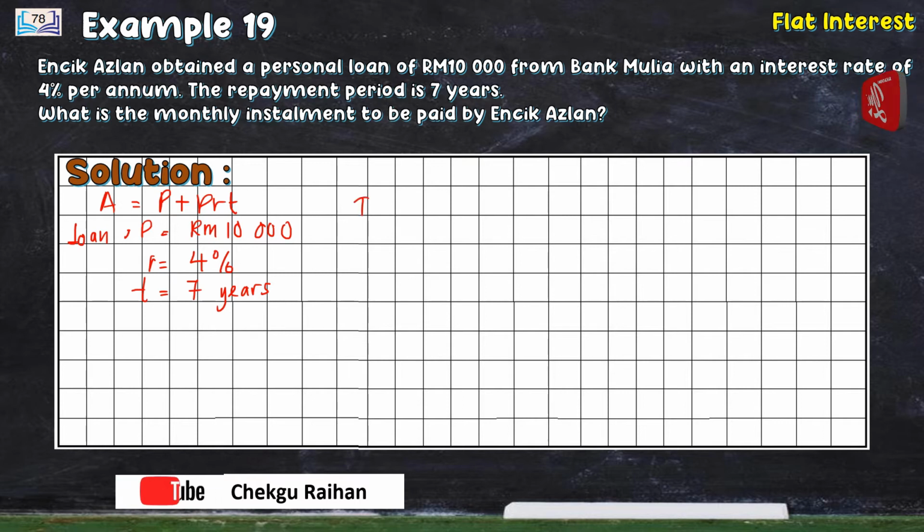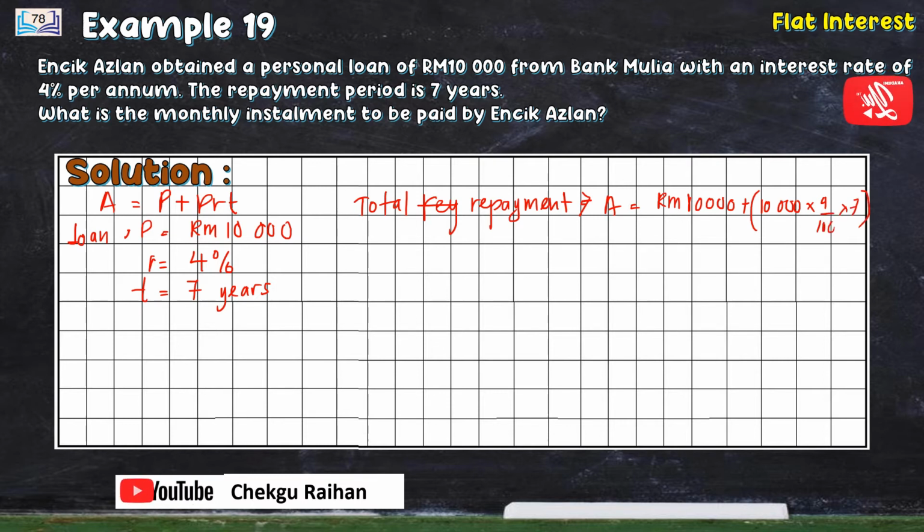So the total repayment A equal to RM 10,000 plus 10,000 times 4% times 7.